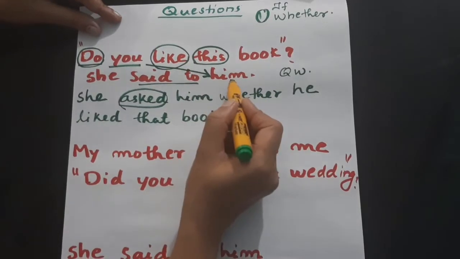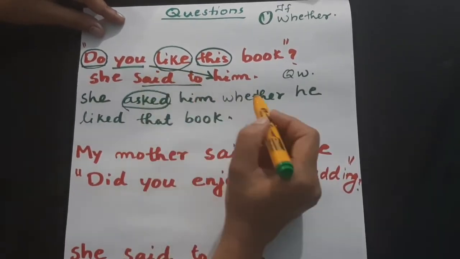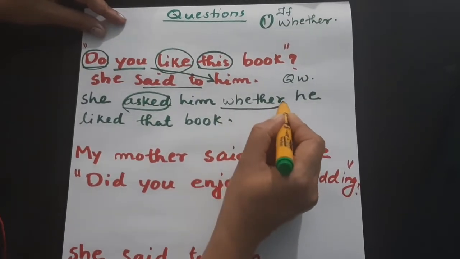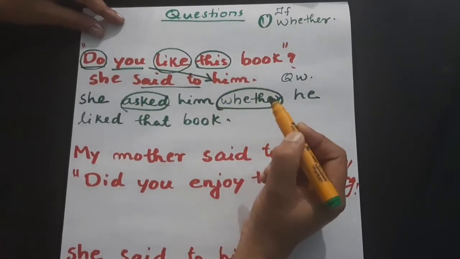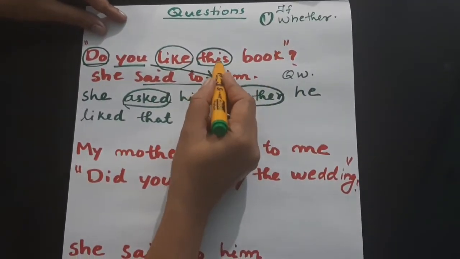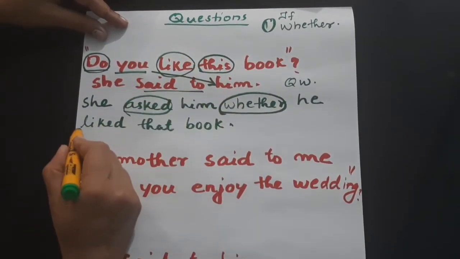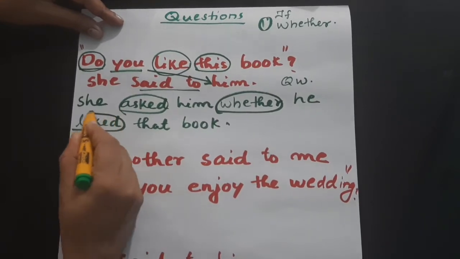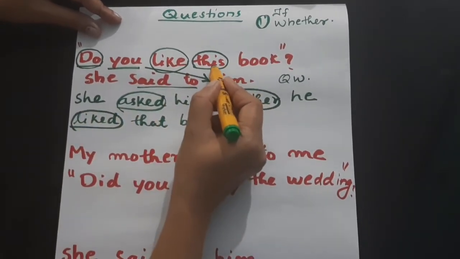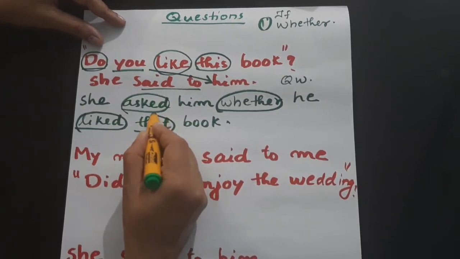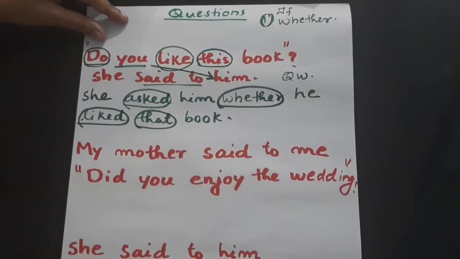Next, here you hadn't any question words, so you substituted it with whether. Here you had the verb in present form, so you converted it to its past form. Here was the term this, so you converted that to that. So these are the changes. Okay.